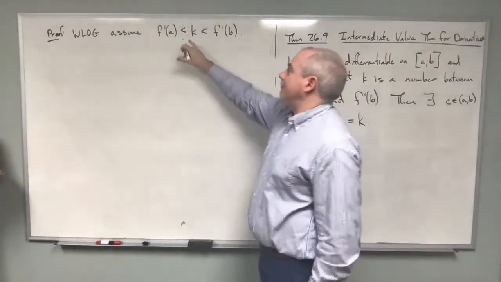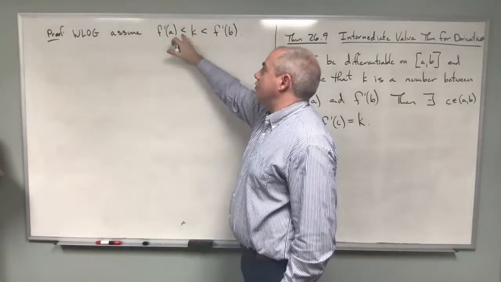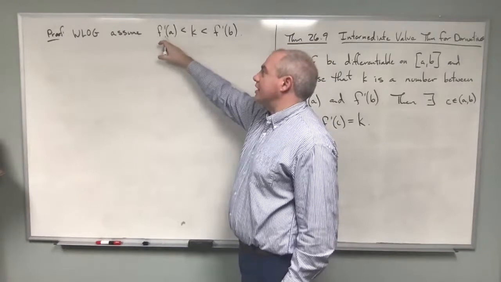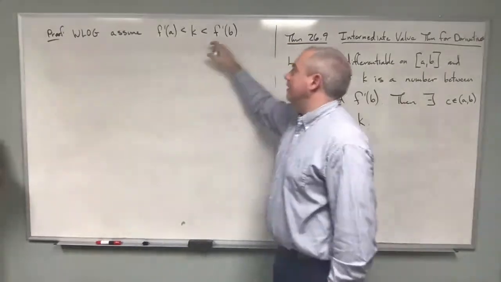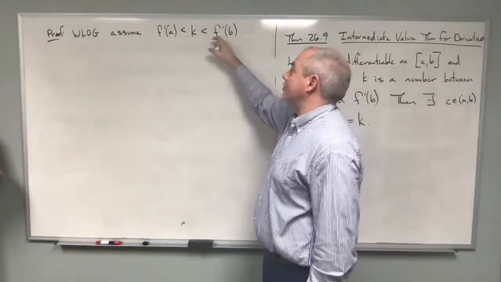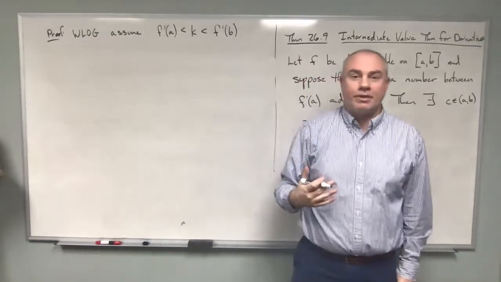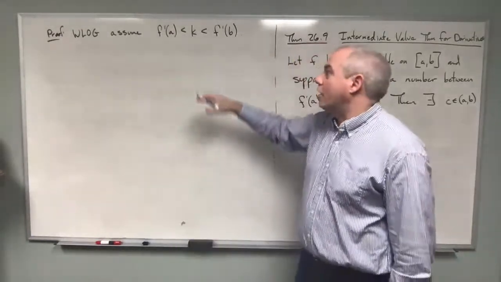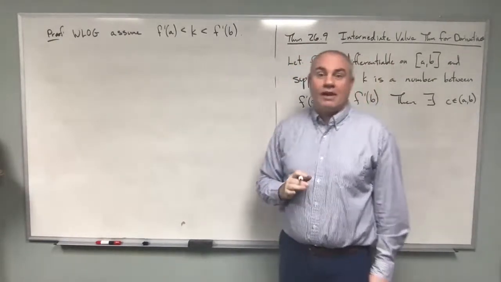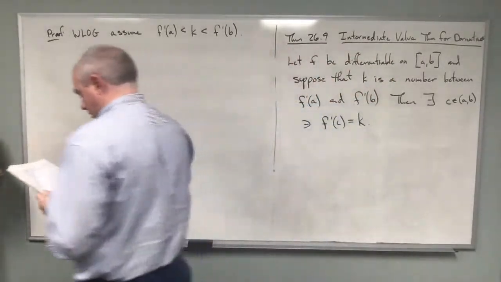Well, it could be flip-flopped on these inequality signs. Right now we're just assuming that this has the little slope, this has the big slope. It could be the other way around, but it's the exact same argument. So we'll let A be the little slope, B will have the big slope, and we choose some K in between those two.